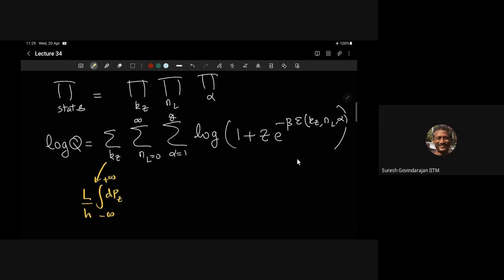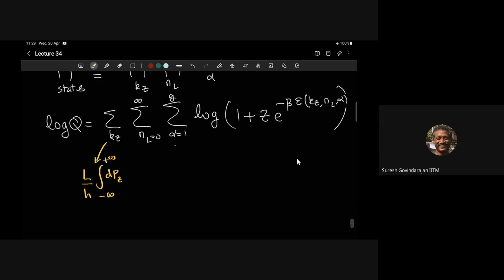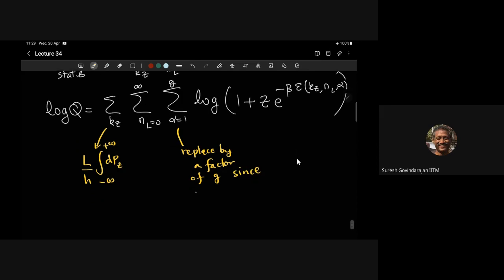It's a semi-classical answer. And then this is replaced by a factor of G, since the energy is independent of alpha.